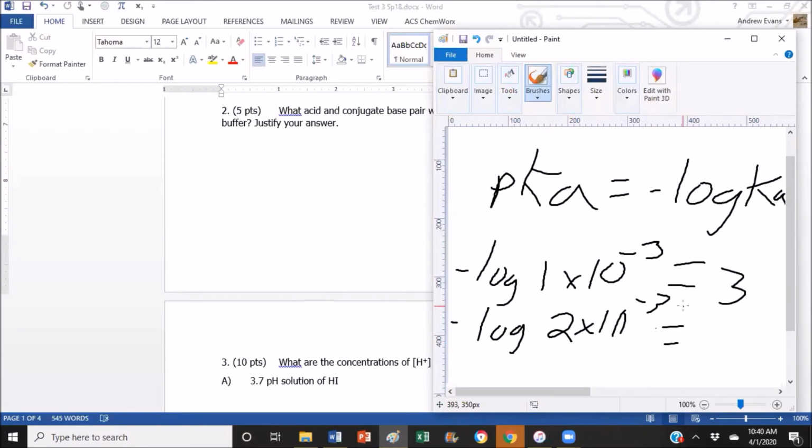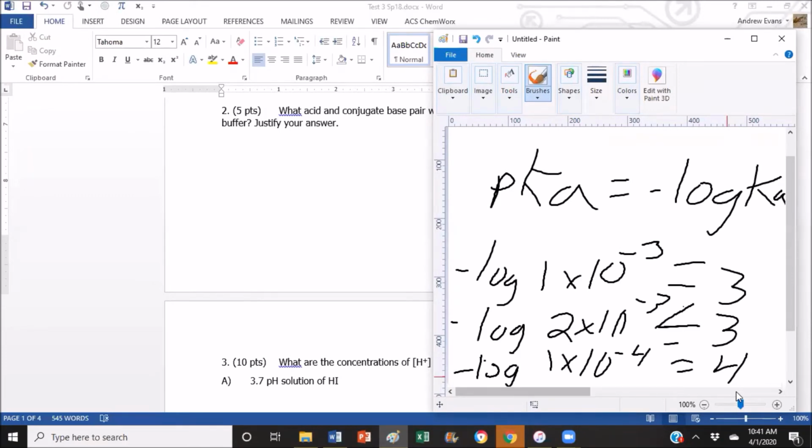And 1 times 10 to the negative fourth is going to equal 4. For 2.7, we don't want anything in the range of 10 to the negative fourth. We want something in the range of 10 to the negative third or 10 to the negative second. So you just look at a buffer and try to find one in that range.